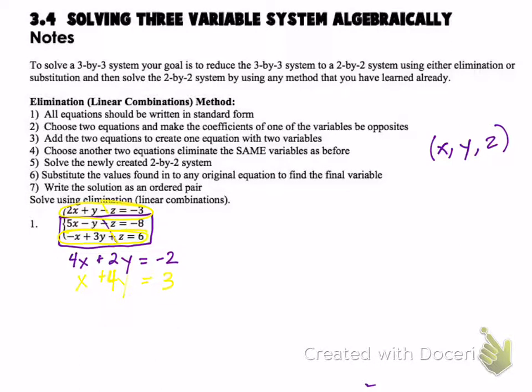Okay. Yeah, I could multiply the top one by negative 2. So that gives me negative 8x minus 4y equals a positive 4. The y's will cancel. Negative 7x equals 7.